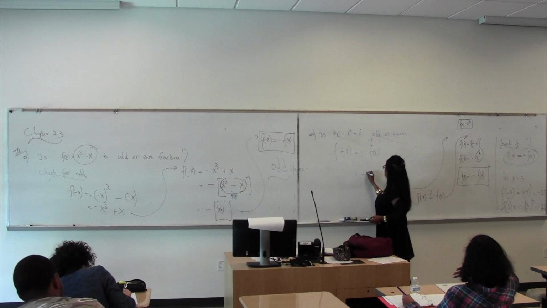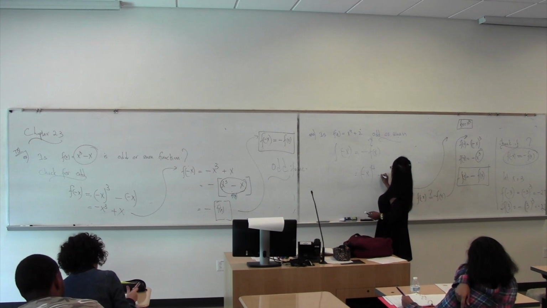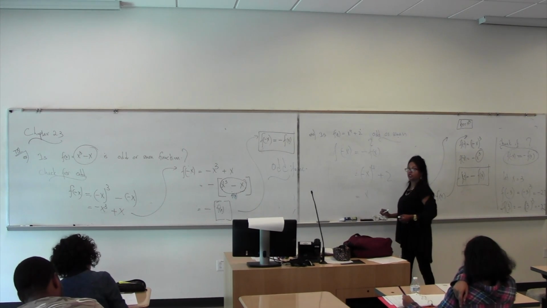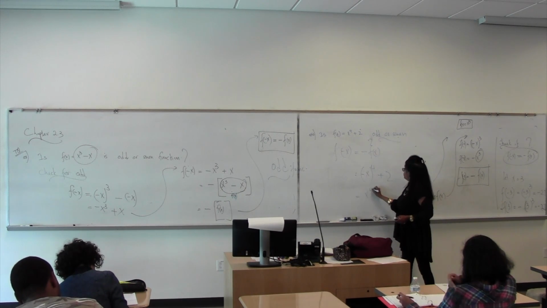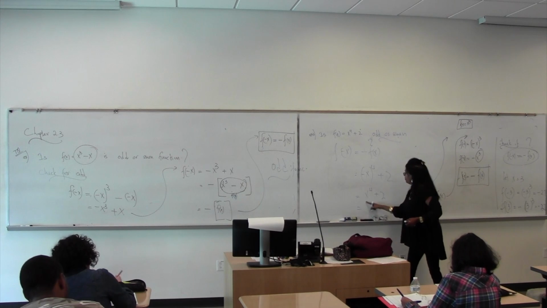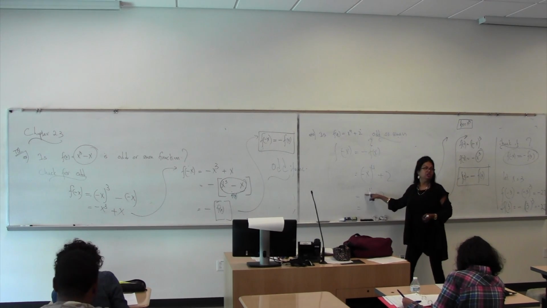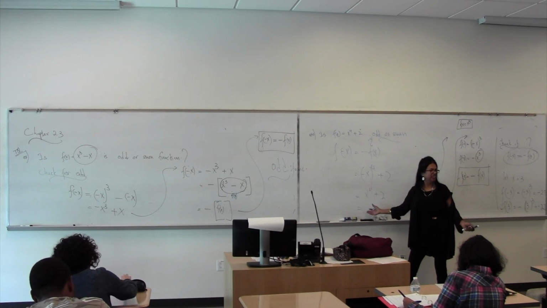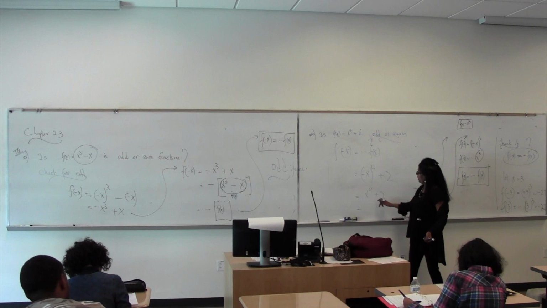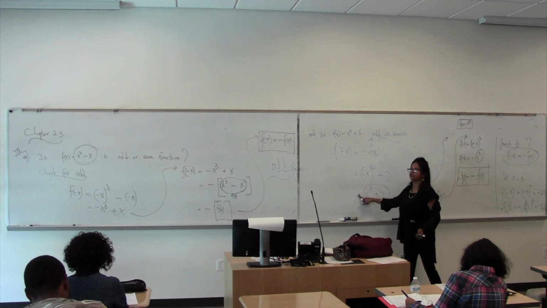So check f of negative x: negative x to the power 4 plus 2 is equal to, this becomes positive x, correct? x to the power 4, positive, plus 2. So is there any way I can pull out a negative sign and write this as a negative function? Can we? No, right? I can't pull a negative sign.